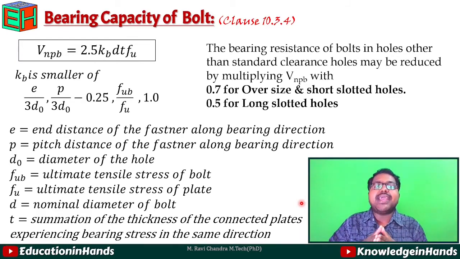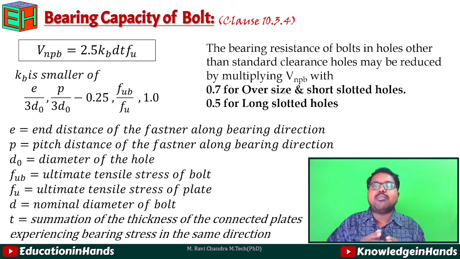See here, the bearing resistance of the bolts in holes other than standard clearance may be reduced by multiplying VNPB with certain factors. If we see Table 19 for bolt holes, there we have standard clearance, oversized, short slotted and long slotted holes.